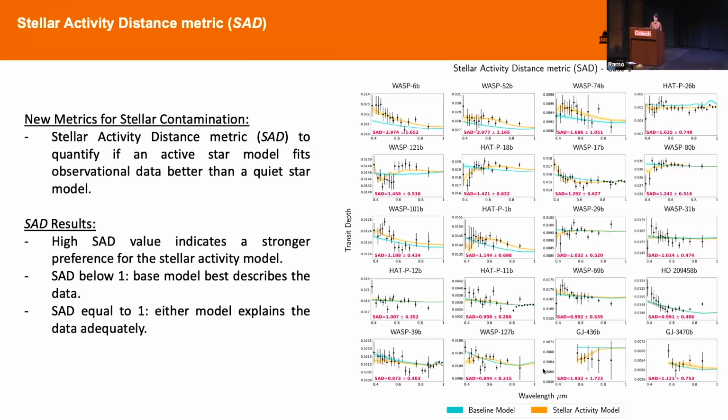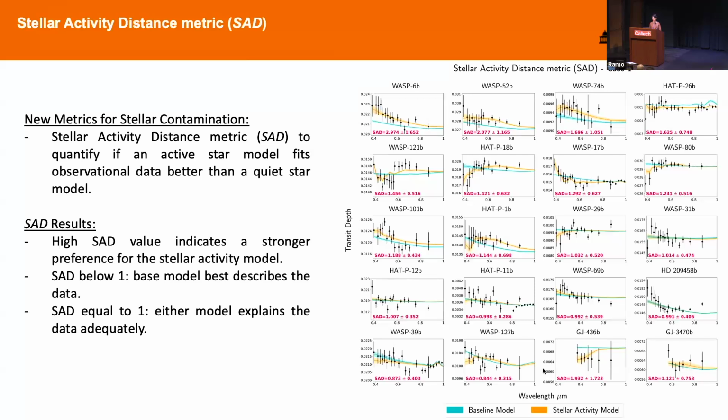Conversely, if it is smaller than 1, it means that the quiet star model fits the data better, and if it is around 1, either model adequately explains the data. So as you can see here, we really get a mixed bag of results.